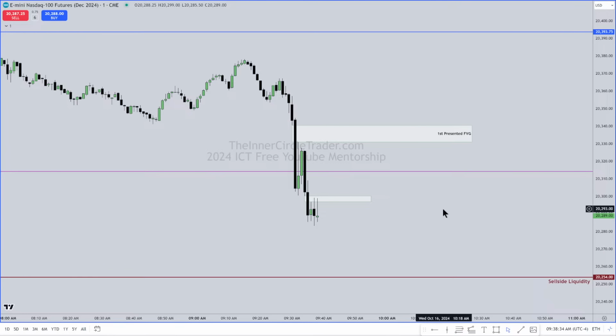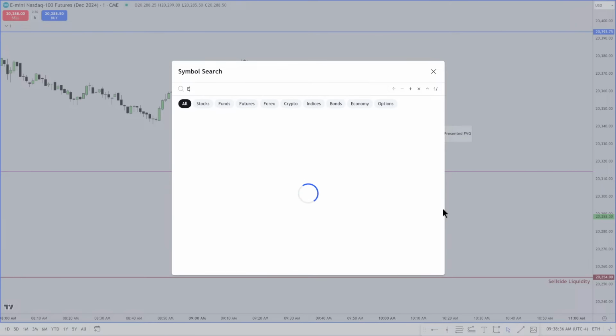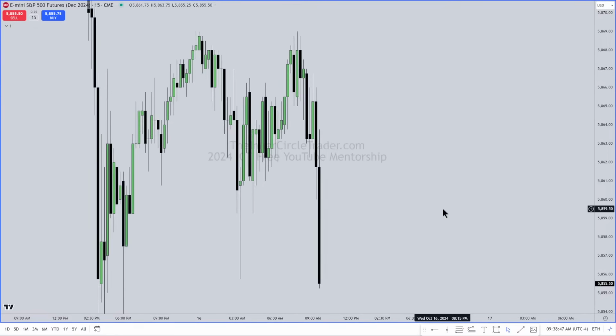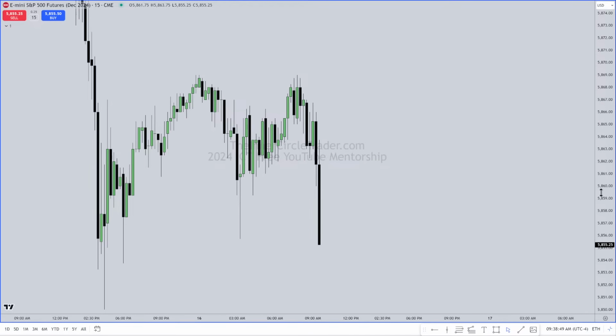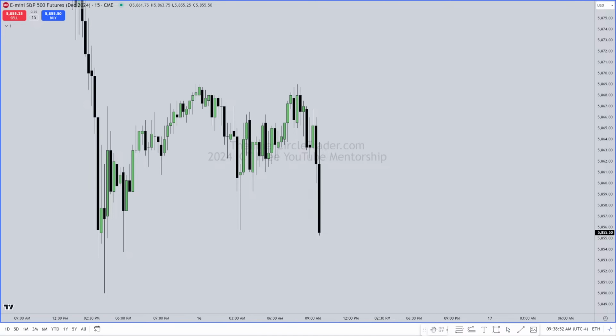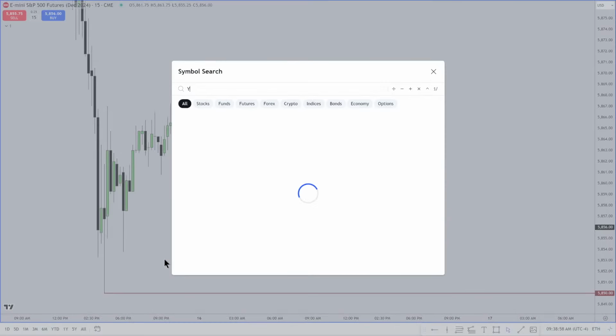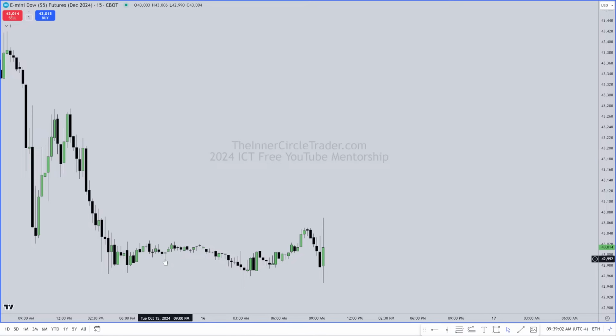ES is making a lower low. Let's take a quick look at that. Let's come out on a 15 on this. There's your sell side there. I'm not going to label it because I don't really care so much about this one. And Dow is just a mess.